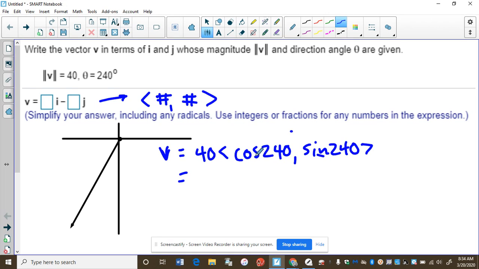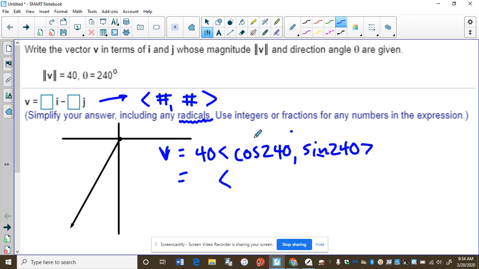Now, what that means is I can calculate this value, right? There's no variables here. The cosine of 240, you can plug that into your calculator, but you shouldn't need your calculator to tell me what the cosine of 240 degrees is. Think about the unit circle, and that's where this comes in. I will take this time again to remind you that I told you that you needed to know the unit circle backwards, forwards, upside down, and inside out because it was going to be a big part of this semester.